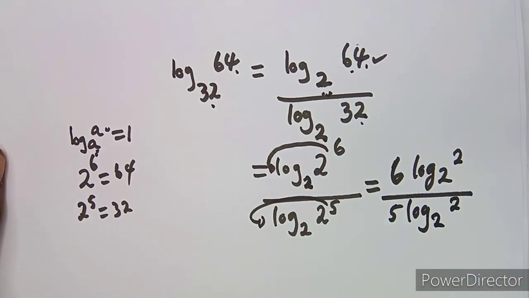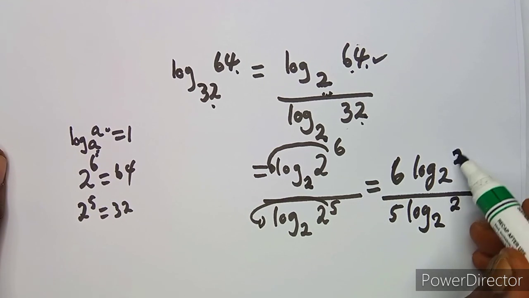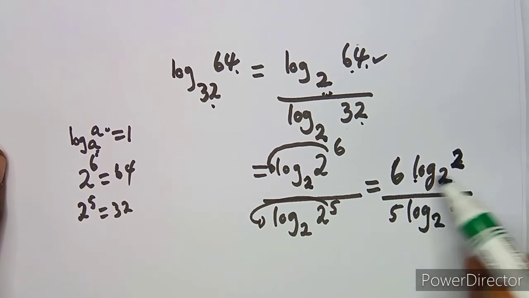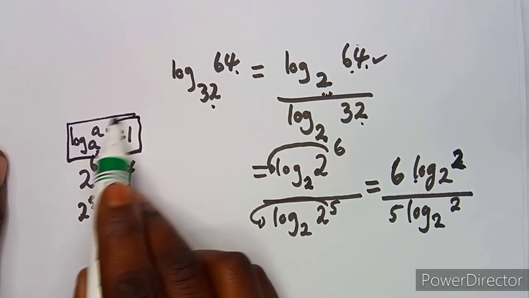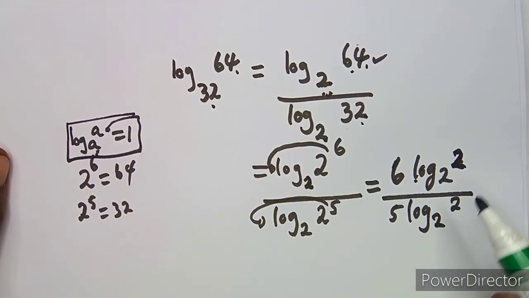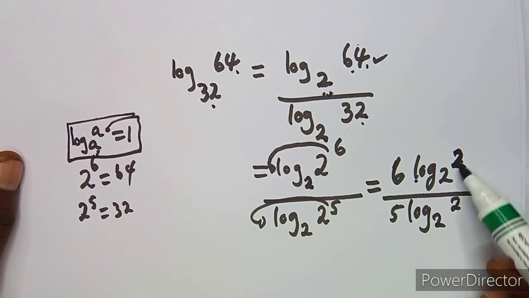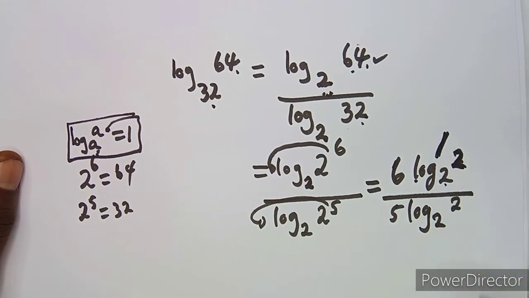Once the number and the base are the same, remember we said logarithm of a number in base of this number is 1. So here we've got log 2 base 2, which gives us a 1, log 2 base 2, which gives us a 1. That is the idea there.